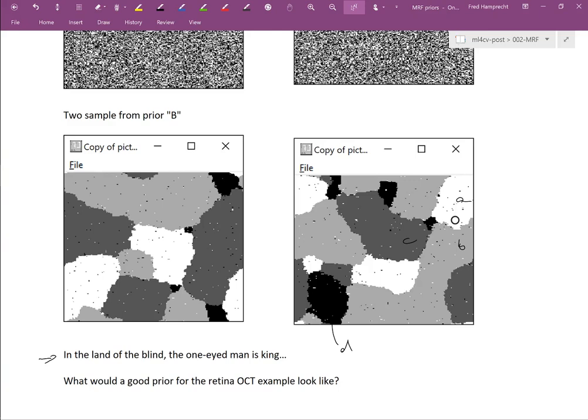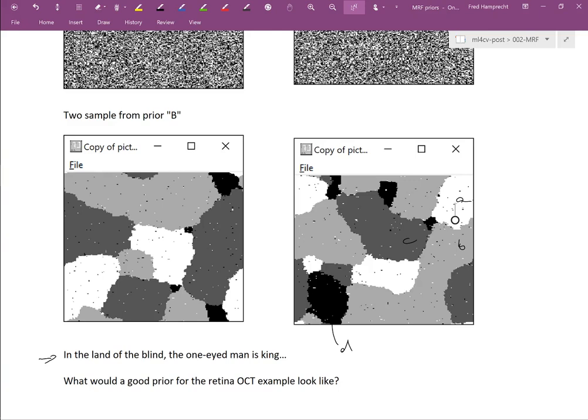Okay, question? I do not really get the connection between those images and the priors, because we said for now that the prior only has information about the neighborhood of labels, but in this picture, does this imply there's even an assumption on how big a certain area is? No, this prior makes no assumption about how big a certain area is.